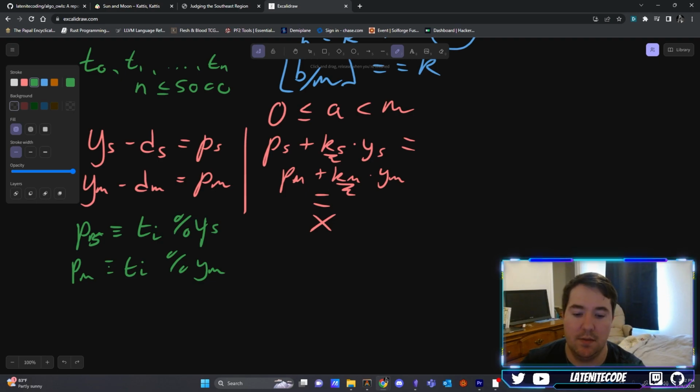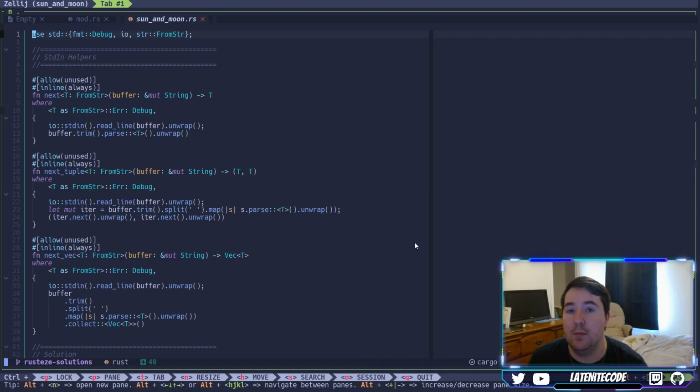A couple of other things, and I'm going to cover this in a later video, but I've gone ahead and added a few standard input helpers to my template. When I wrote these, it just blows me away sometimes how amazing the Rust trait system is.